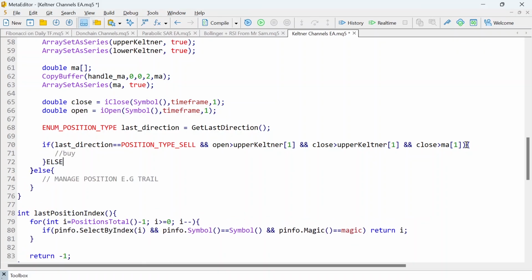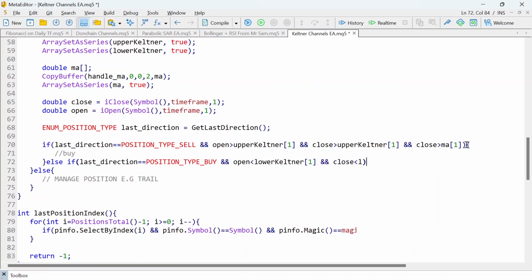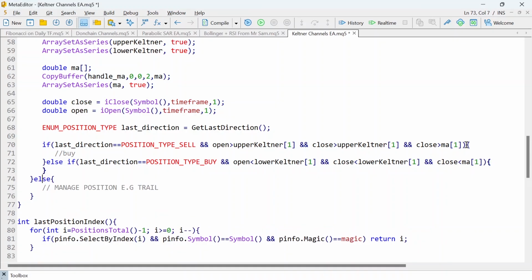Now, in the case where the last direction is of position type buy, and the candle opens and closes below the lower Keltner of the previous candle, and the candle closes below the moving average, that means the candle is below the moving average, right?